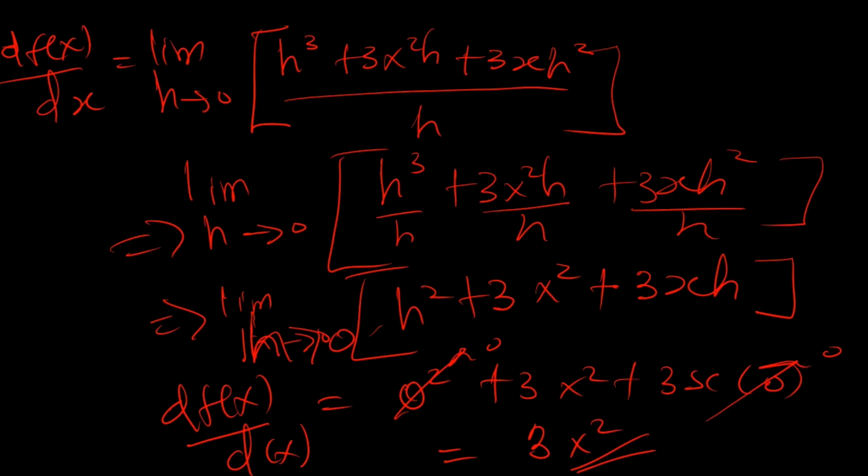Let's solve one more example and close the curtains on derivatives from first principle specifically. Okay. For example 3, we have f of x equals 1 over x. We are using the first principle to solve this.